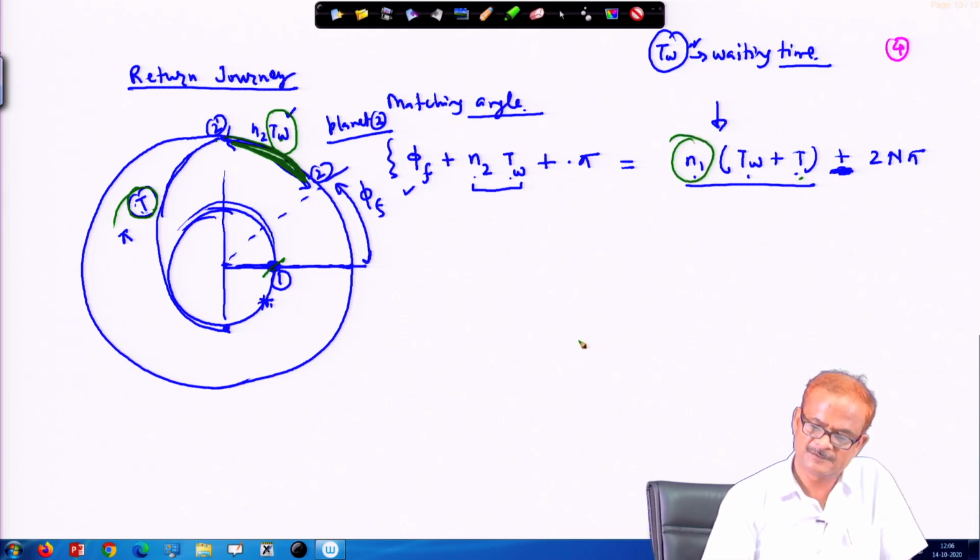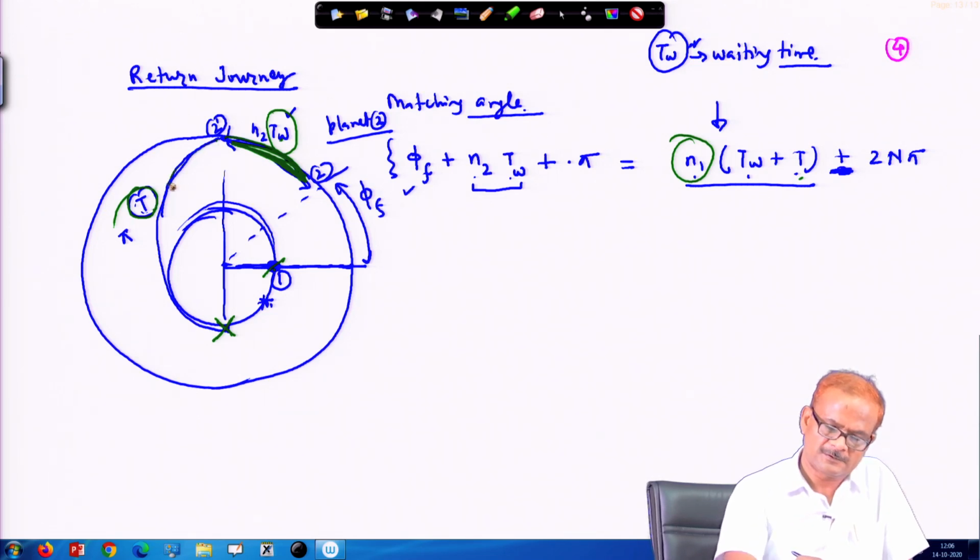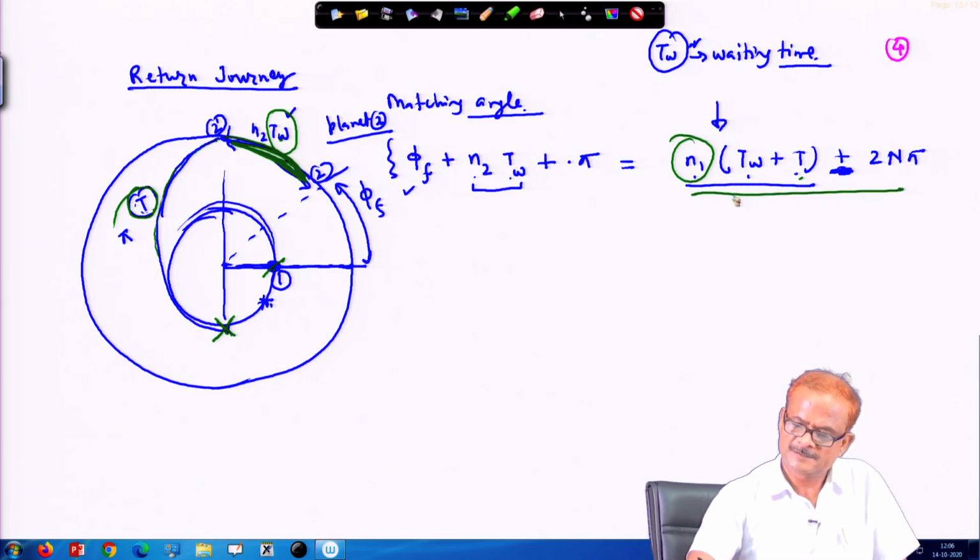So, this is the angle this is going to cover, and this must be lying opposite here in this case, if it has to catch the spaceship in the return journey. So, this is the angle covered by 1.